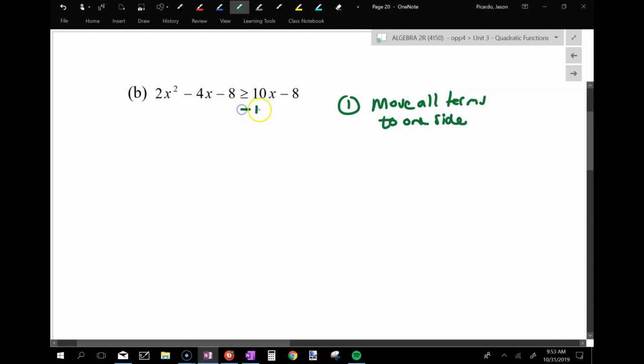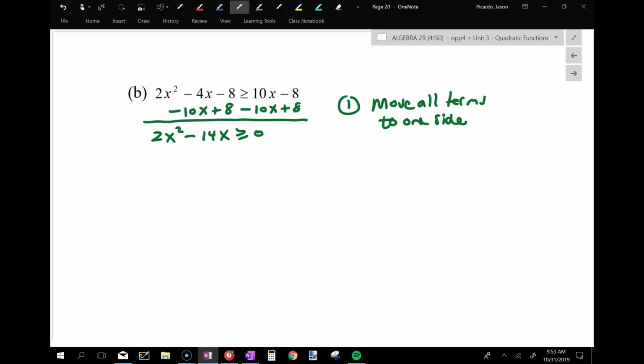So if I move the 10x and add the 8, I get 2x squared minus 14x. -8 plus 8 goes away. So greater than or equal to 0.